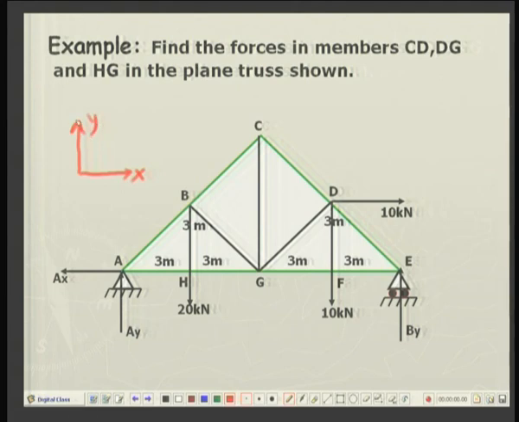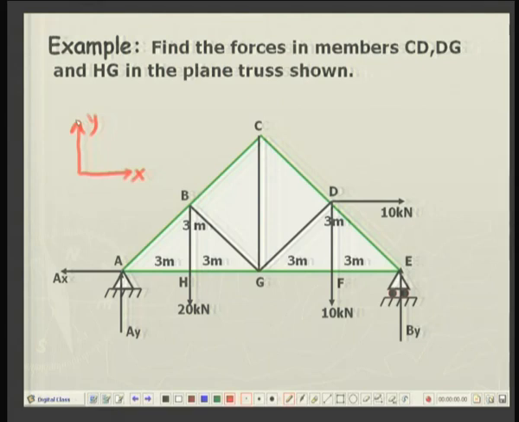So, and then you say that the reactions at this simple support, both horizontal and vertical, are possible. So, Ay and Ax. You might be wondering why I have taken Ax towards left, whereas normally I have been taking the horizontal reaction towards right to make it positive.